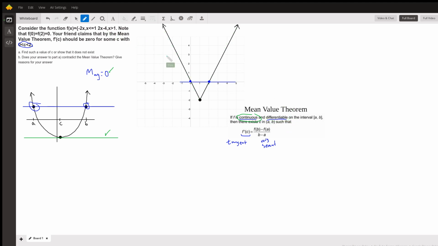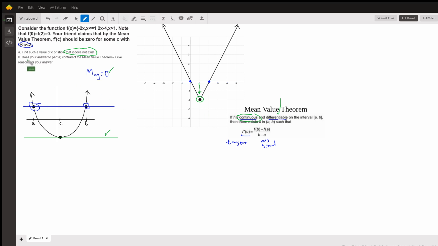Like I just said a second ago, you can't get a slope here at x equals 1, which means the function is not differentiable there. So the reason for your problem that this value doesn't exist is because the function is not differentiable on your interval. And that automatically means that the MVT, the mean value theorem, doesn't apply.